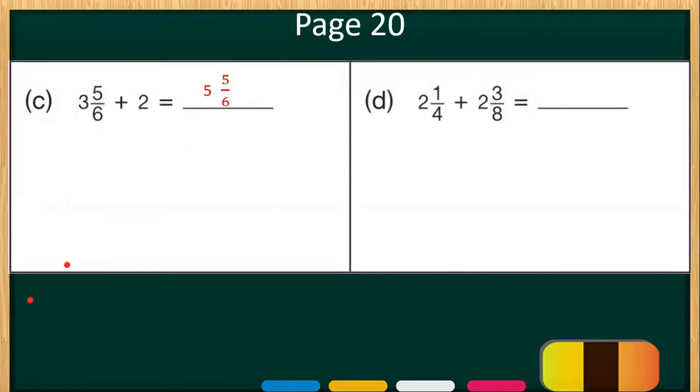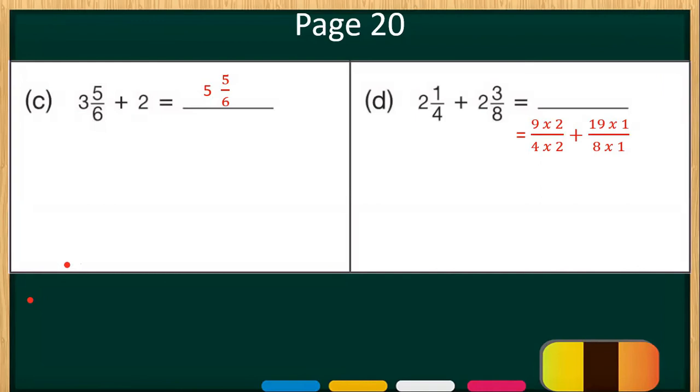Next, letter D. 2 and 1 over 4 plus 2 and 3 over 8. First step, we need to get the LCM of 4 and 8. Then after that, convert these mixed numbers into fractions. So it will be 9 times 2 over 4 times 2 plus 19 times 1 over 8 times 1.